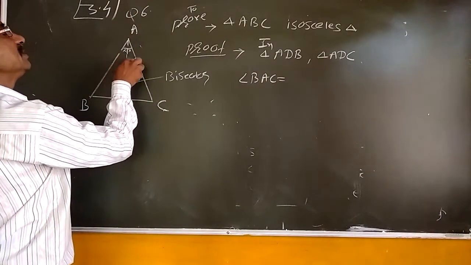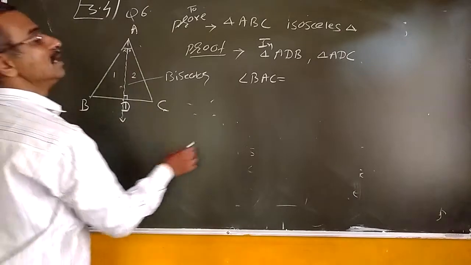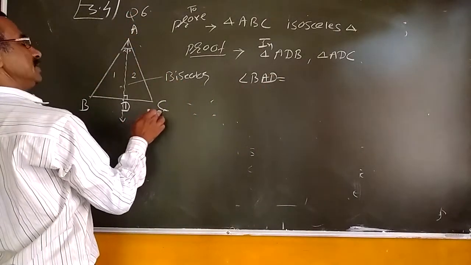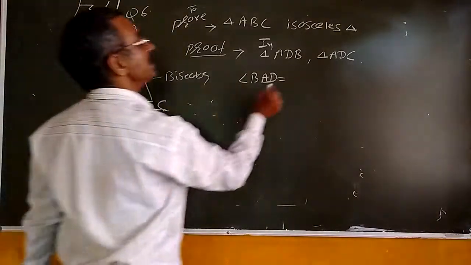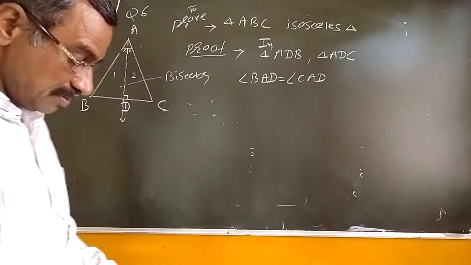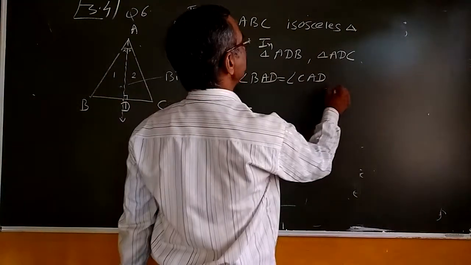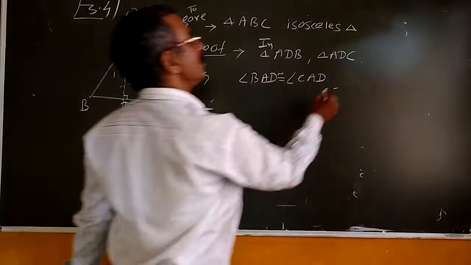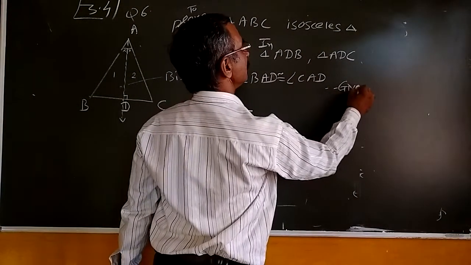This is one part, this is the second part by the bisector. These are congruent because it is a bisector, so it is the given part.